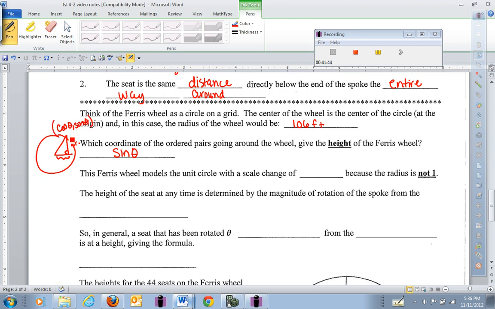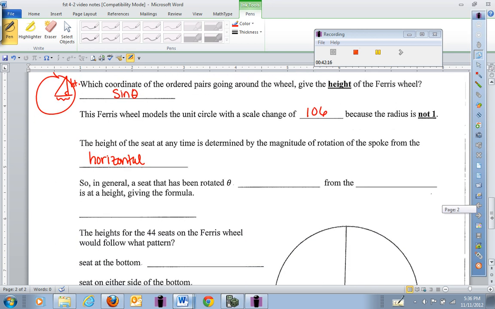Okay, the Ferris wheel models the unit circle with a scale change of 106 because it doesn't have a radius of 1. It has a radius that's 106 times blown up or stretched or bigger than that. The height of the seat at any time is determined by the magnitude of rotation of the spoke from the what we're going to call horizontal.